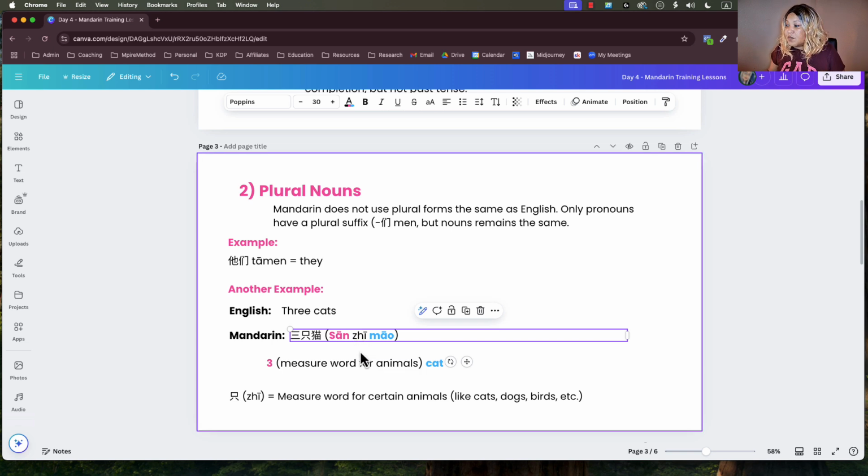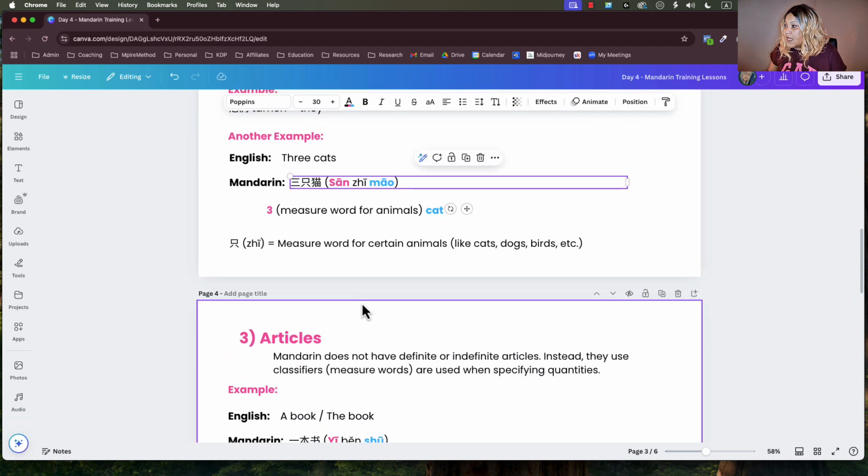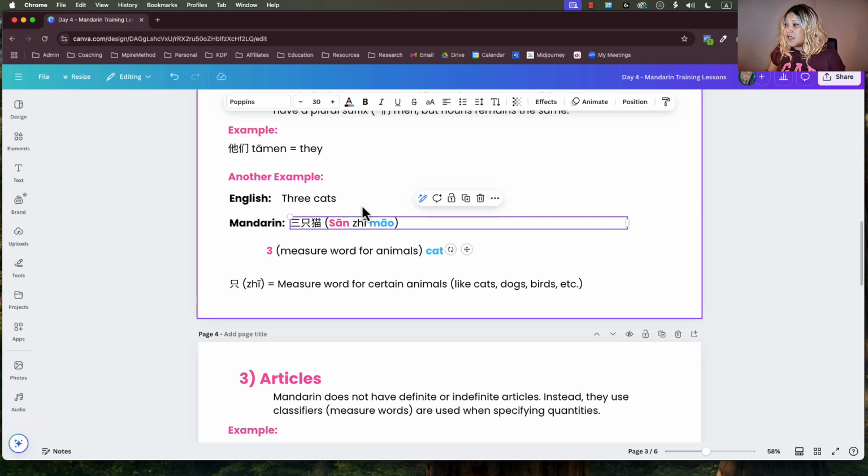But we know for animals, it's jur. So the jur needs to go between the number and the noun itself to represent however many there are. So if it was 2 cats, we would say R jur mao, because R is 2 in Mandarin.